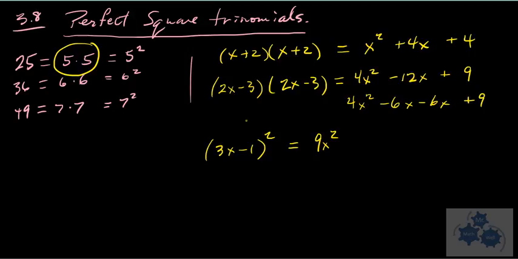Then we're going to multiply this out to the second factor, and we're going to do 3x times negative 1. And we're actually going to do that twice. So that's going to be negative 3x, negative 3x. And then we're going to multiply the last term times itself, plus 1. Okay? So that's 9x squared minus 6x plus 1.